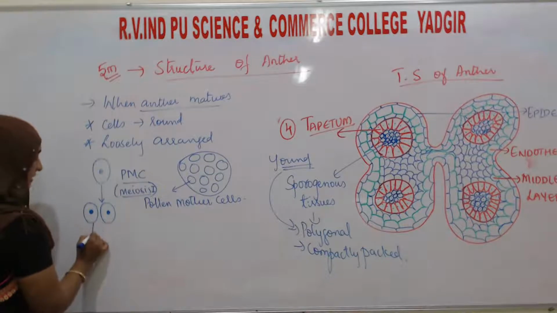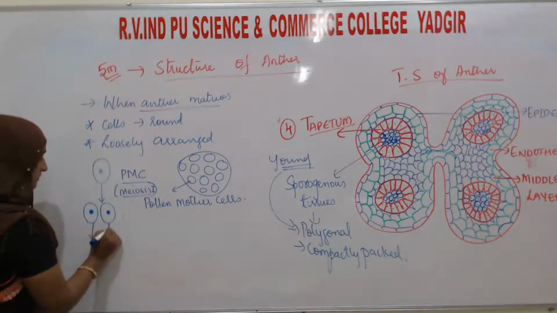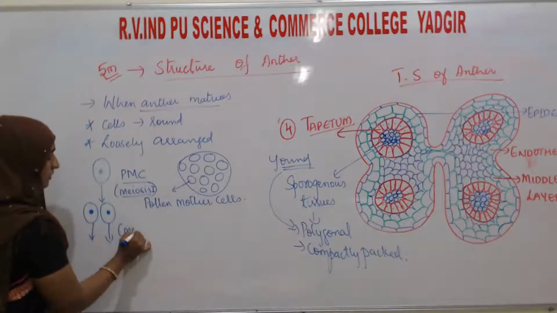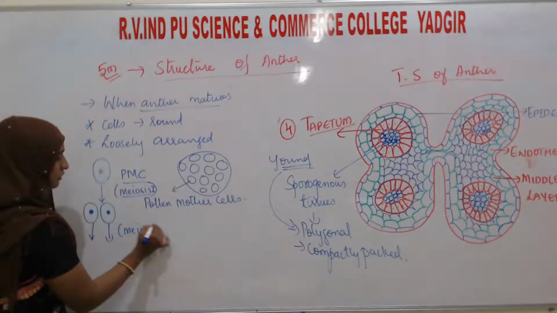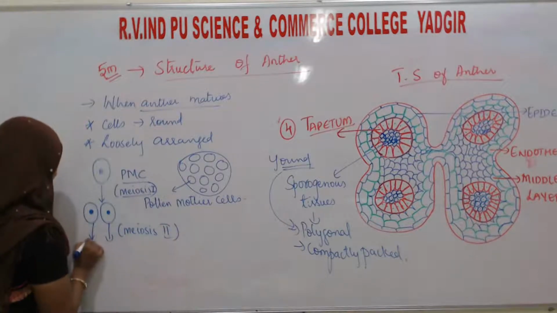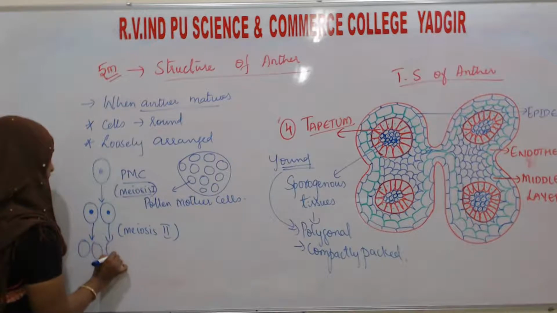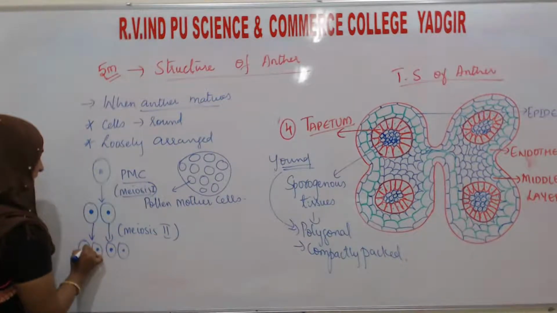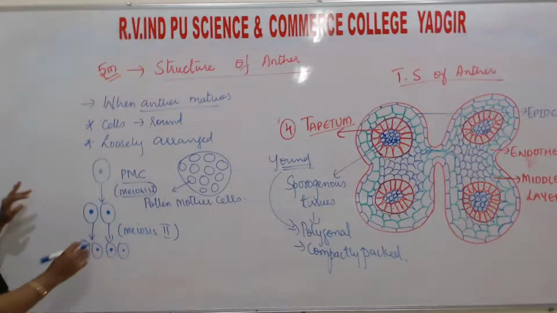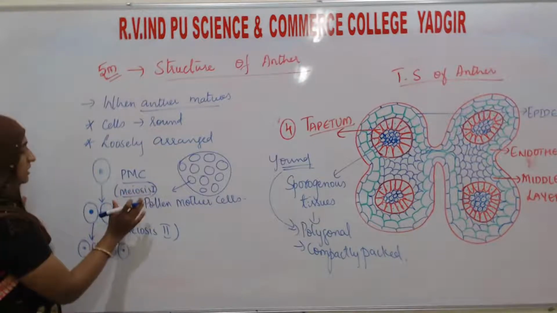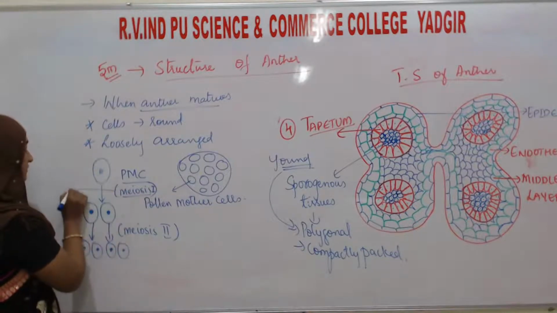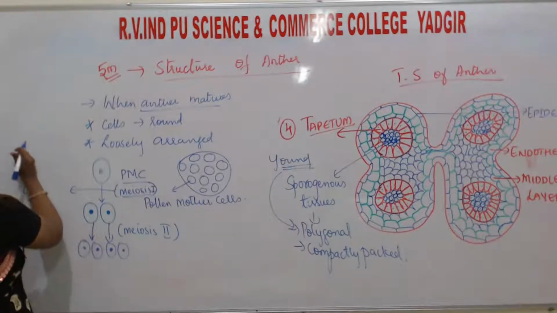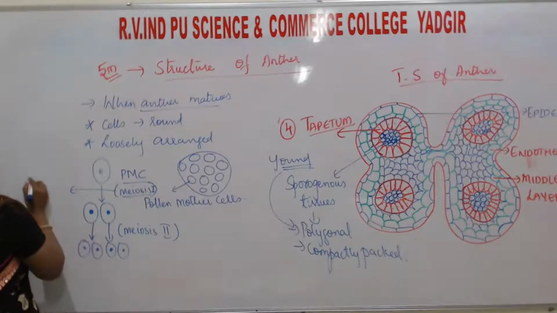Again, these two cells undergo the second meiotic division, which will give rise to four cells. And always remember, meiosis 1 division will be the equational division. Sorry, meiosis 1 is always the reductional division.